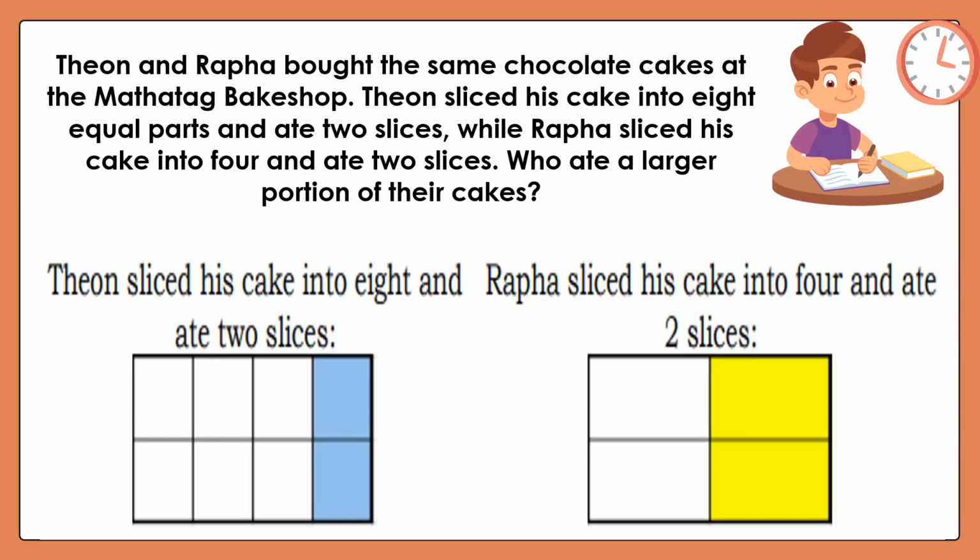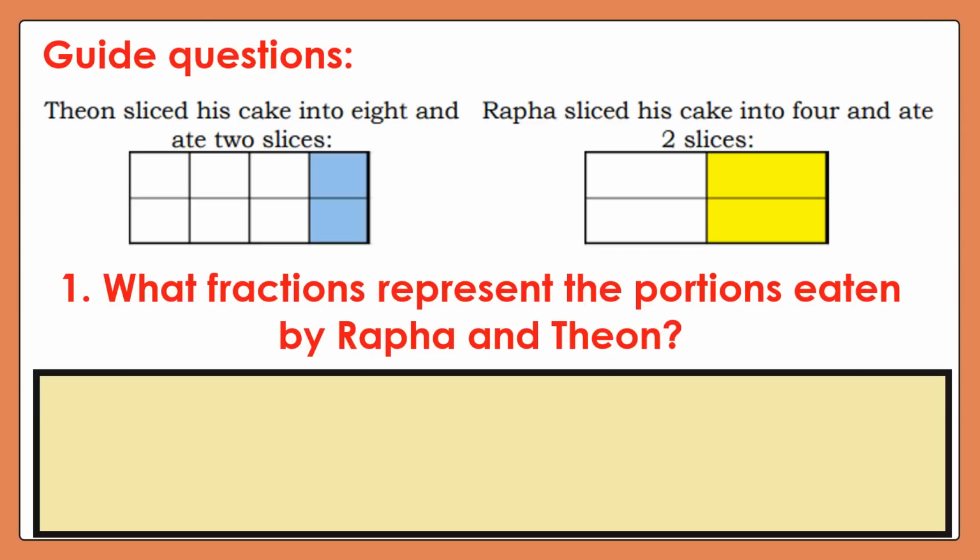Theon sliced his cake into 8 and ate 2 slices, while Rafa sliced his cake into 4 and ate 2 slices. Questions. Number 1. What fractions represent the portions eaten by Rafa and Theon?